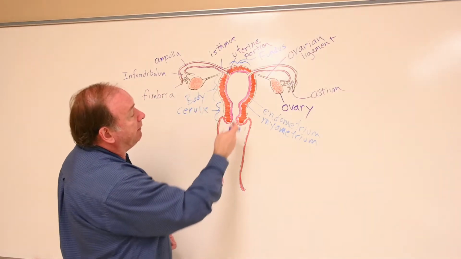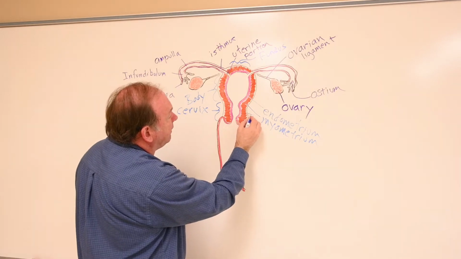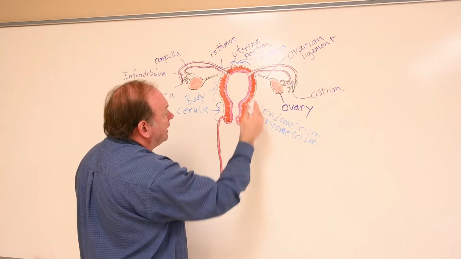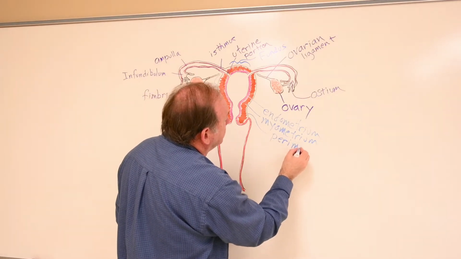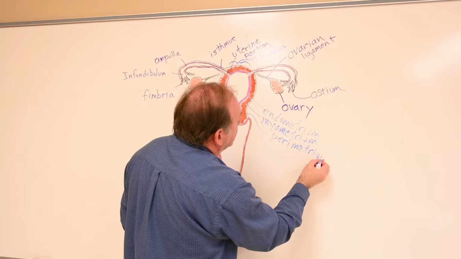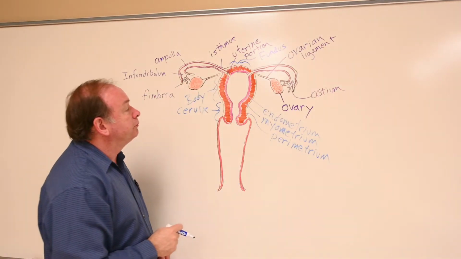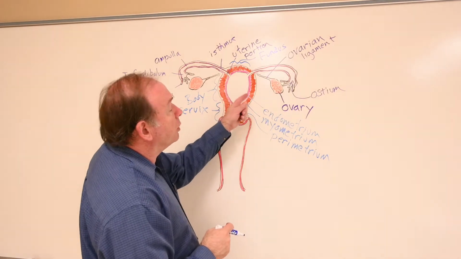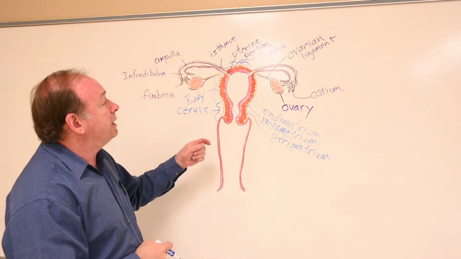And right on the very outside is a very, very thin layer, just a black line on here, called the perimetrium. We'll talk more about the endometrium later when we talk about the female reproductive cycle. We'll talk about that in more detail.